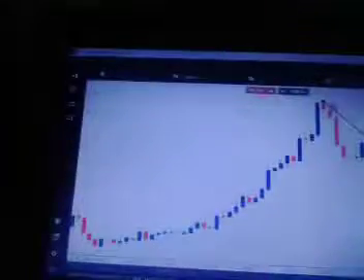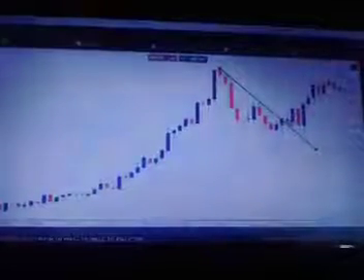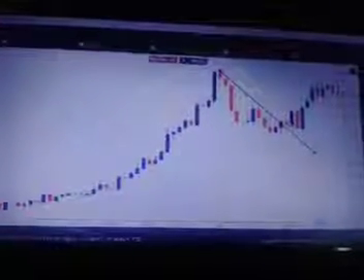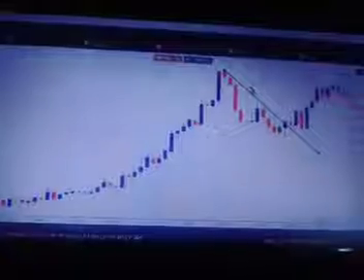So it bounced here, made the high there, came down, made the low, made a lower high, didn't make a lower low, and it broke through the trend line and started going up again. Okay, that's as simple as all that.